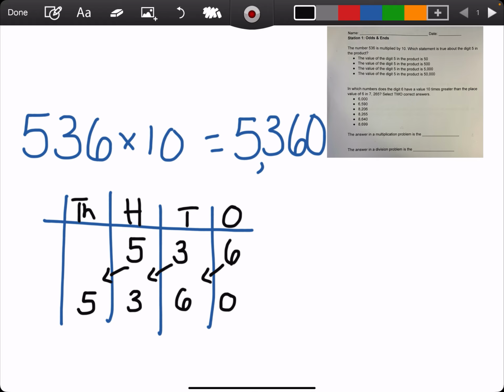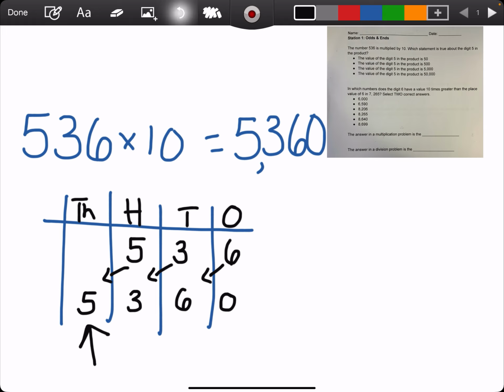So I put a 0. 5,360. But the question was asking which statement is true about the digit 5. The digit 5 is in the thousands place. So of your 4 choices, the value of the digit 5 in the product is the third one, 5,000.